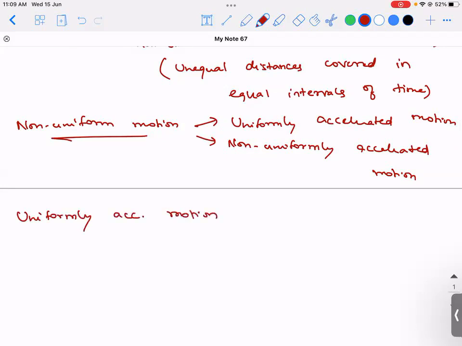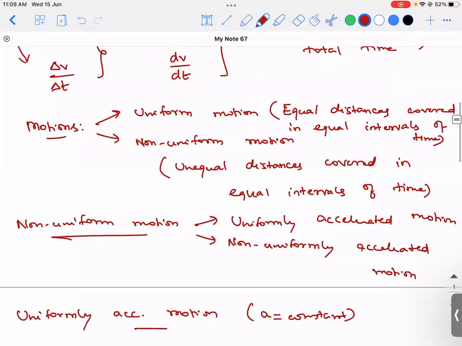When I say uniformly accelerated motion, a is a constant. When I talk about uniform motion, v is equal to constant and acceleration is 0. In uniform motion, velocity is constant, but acceleration is 0.